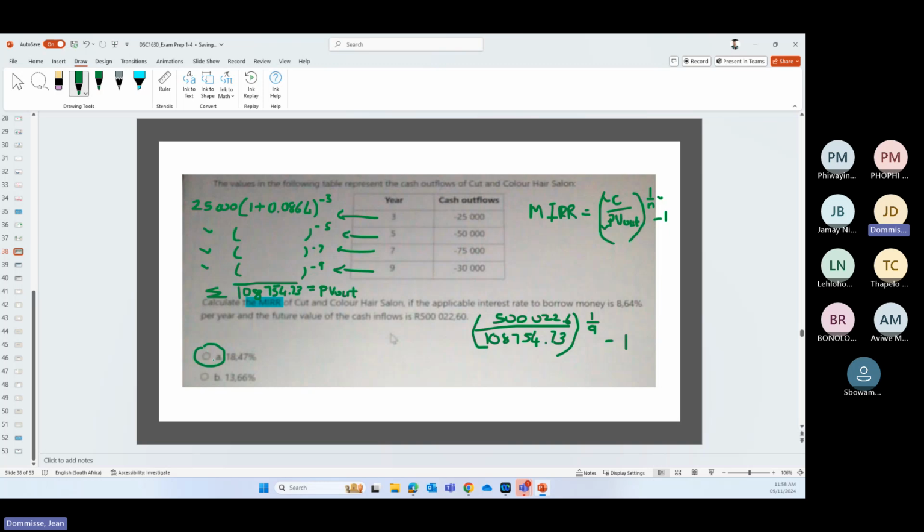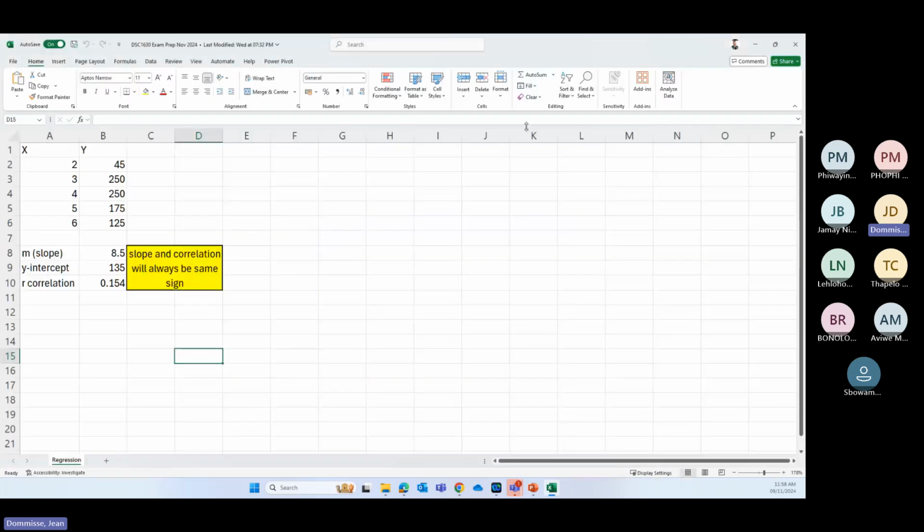But let's just see if this is not doable on Excel as well. So let me just open exam prep, the one that we did in the week, so that we just continue in exactly the same folder or spreadsheet. I think in one we had in the week, we looked at some of the regression.